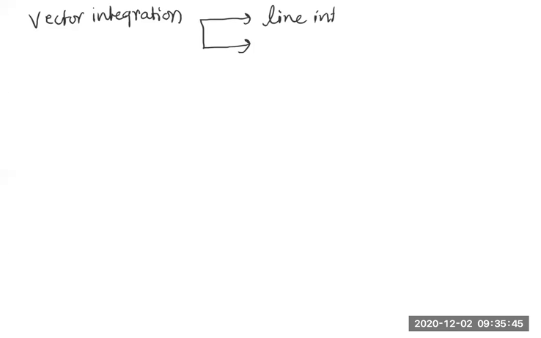So vector integration we are talking about, and there happen to be two types of vector integration. One is called line integration, or I will call it the line integral, and the other is called surface integration or the surface integral.